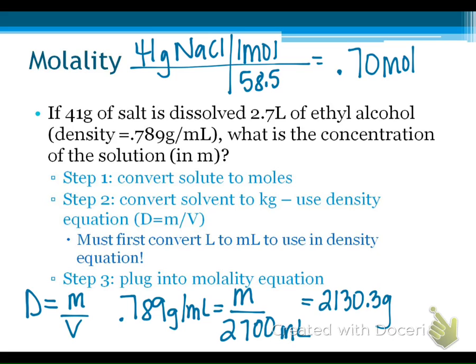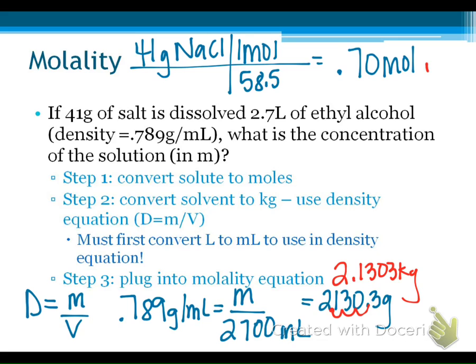Okay. So now can we put this gram value directly into our molality equation? No. What do we need to do with that gram value? Convert back to kilograms. Okay, so then to convert back to kilograms after we're finished here, we're going to move the decimal place 3 places, and that leaves us with 2.1303 kilograms.